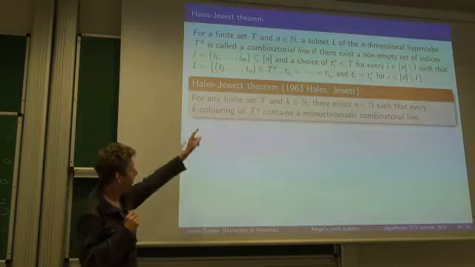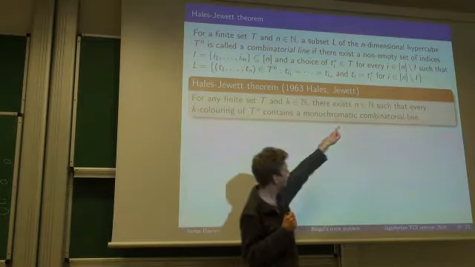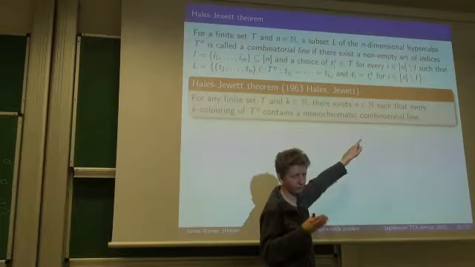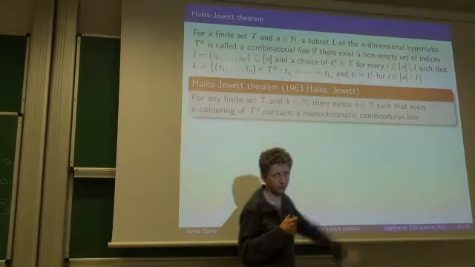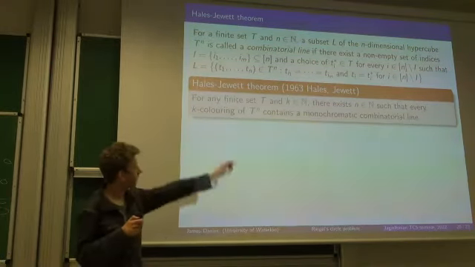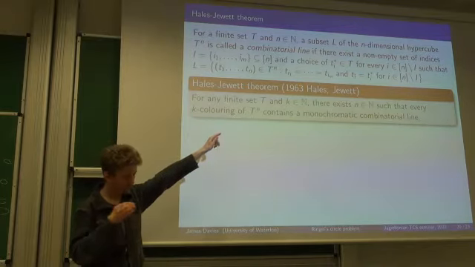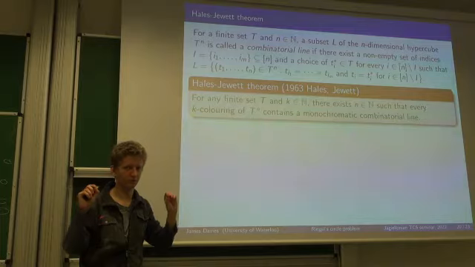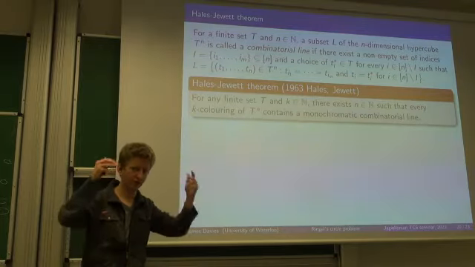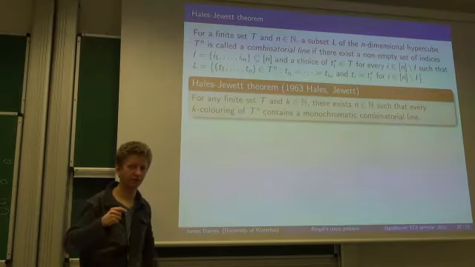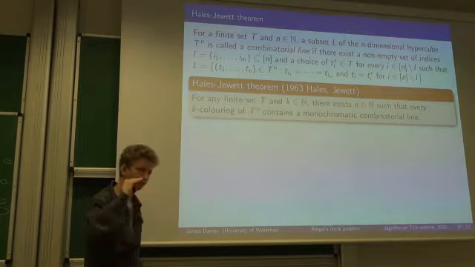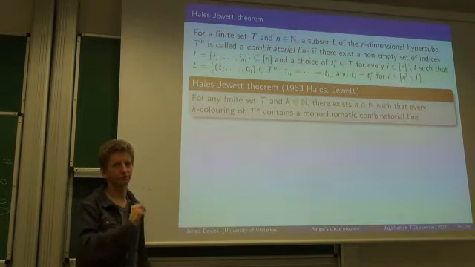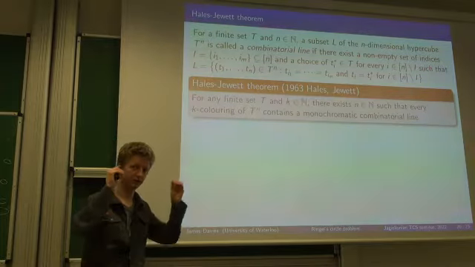Then our combinatorial line consists of some fixed coordinates, the coordinates not in our index set, which we just fix. And for the coordinates of the index set, we set the values in each of these coordinates the same, but it can be any one of the values in T. So each element of T gives you a different element of your combinatorial line. You're just moving this index set, with them all being equal.